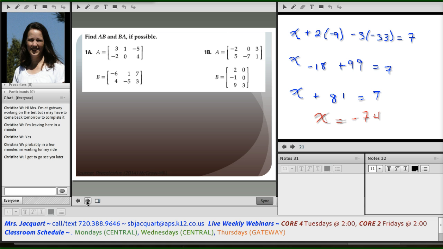So let's look at 1B. We already know we can't do that one. So if I do A times B or B times A, let's look at their orders. A times B is a 2 by 3 and a 3 by 2.